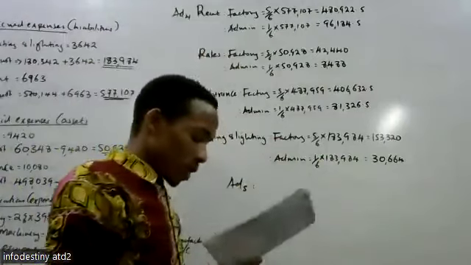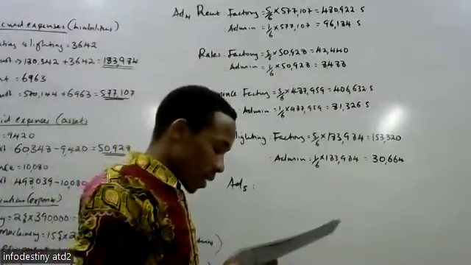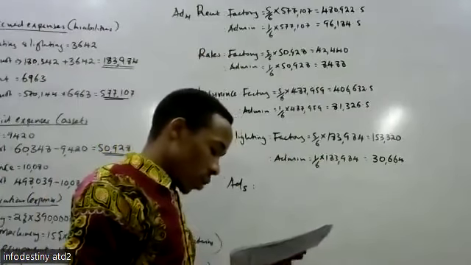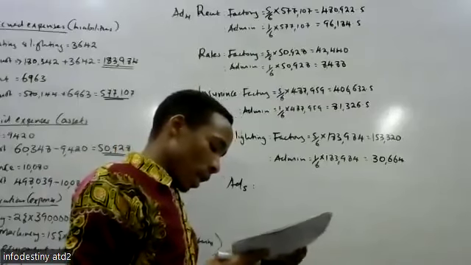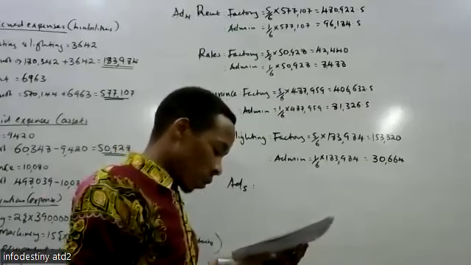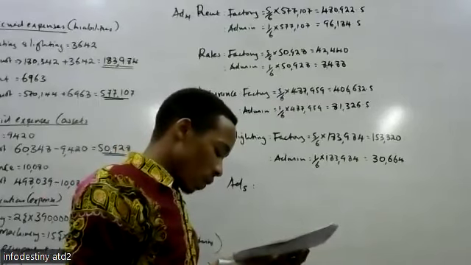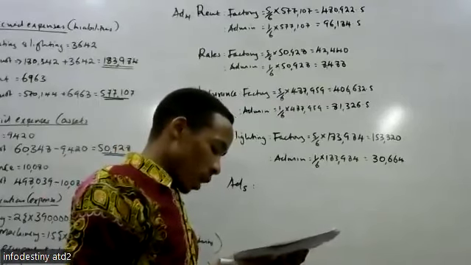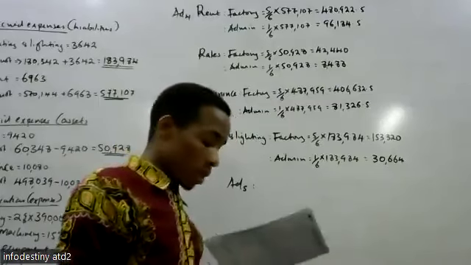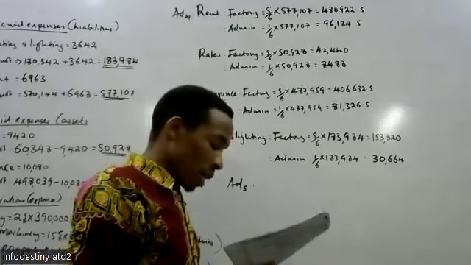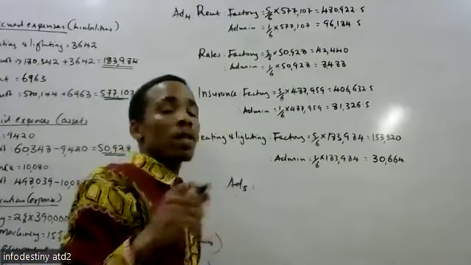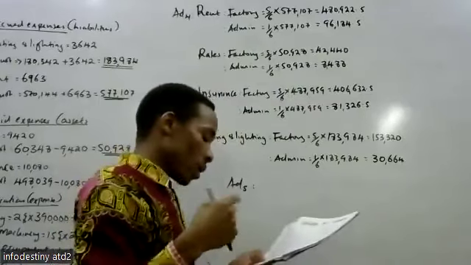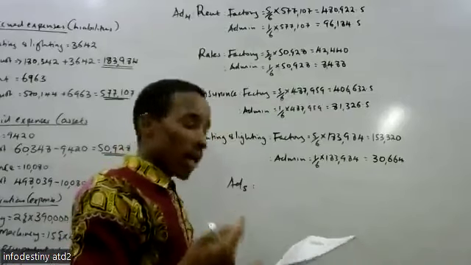Additional information 5 says the directors' salaries include 20 million paid to the production directors and office salaries of 64,237 paid to salesmen. So this is what it means. Part of the directors' salaries, 20 million is paid to the production directors.